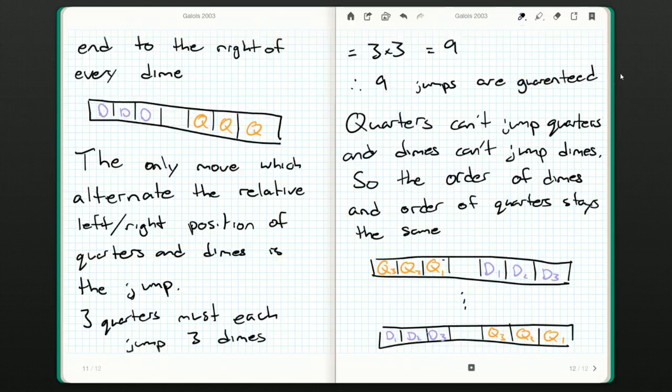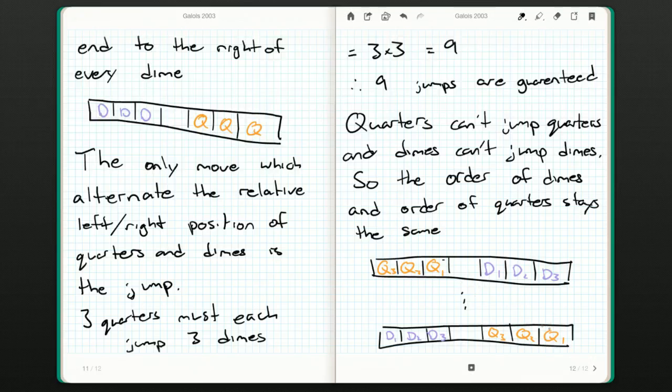Okay. So let's look at quarter 1. We know he's involved in at least 1 jump with each dime that we have here. And we know that no matter what he does, he's going to end up over here. So he might shift and jump, and then shift again or something like that.